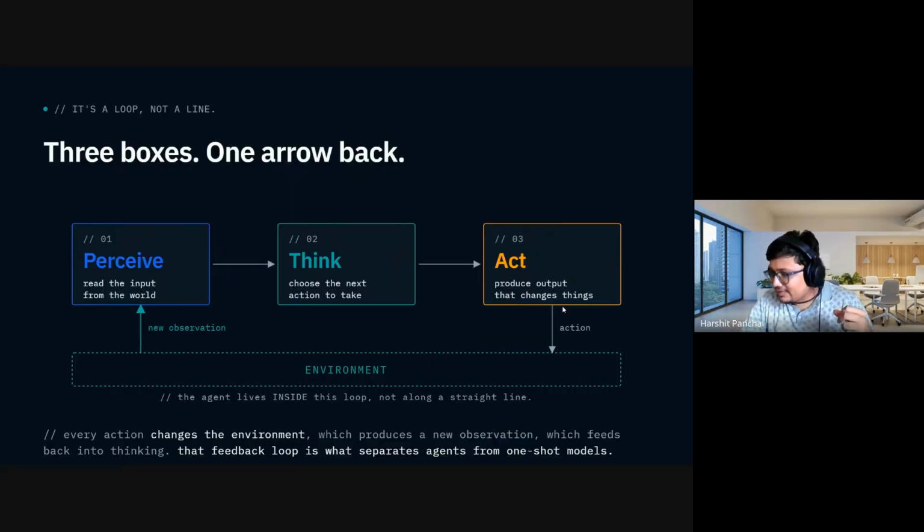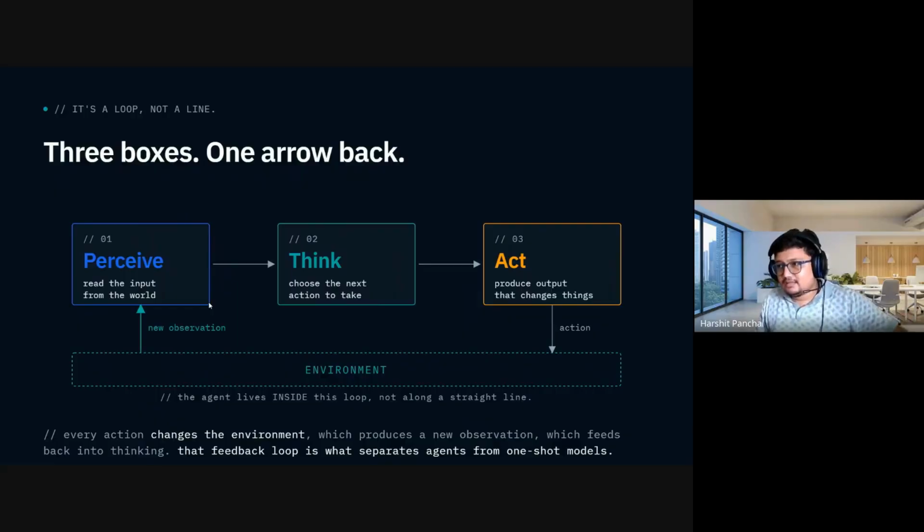It starts with the act. Your agent takes the action. Then there is an environment, which gives some observations. So things start over here. Your agent perceives, for example reading the input given by the real user.